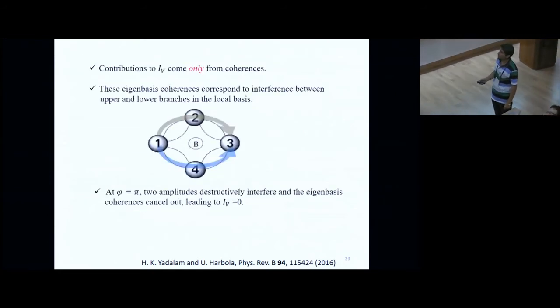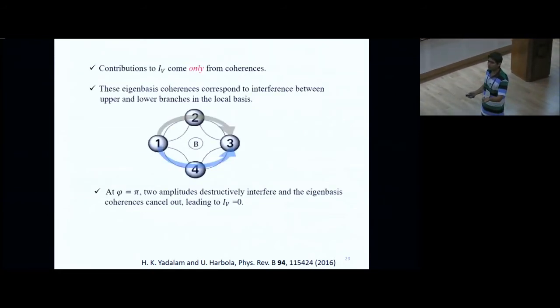If you do the calculation, populations contribute only to the I phi contribution. As you connect these eigenstates to the leads, of course, the leads are going to mix these eigenstates, creating coherences, and all those coherences contribute to IV, the other contribution to the bond current. When you transform these coherences to the local basis, you can show that these are nothing but the interference between these two pathways.